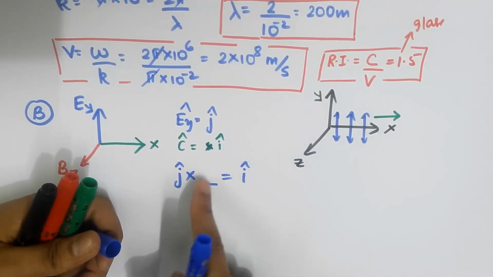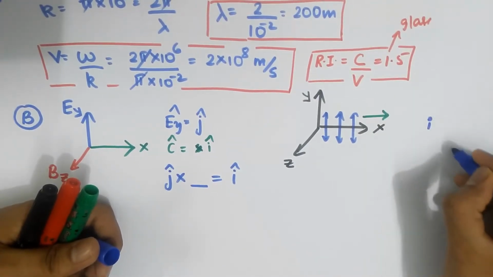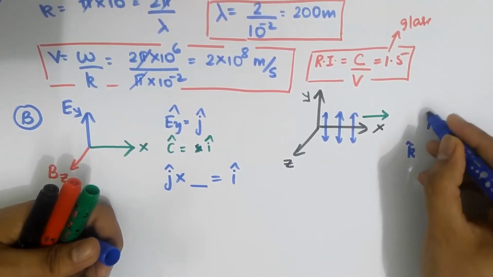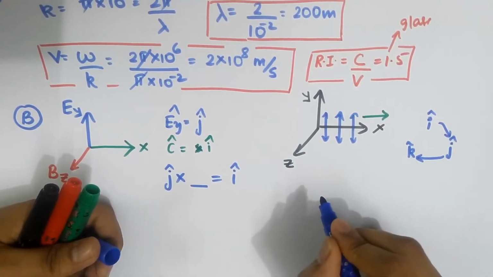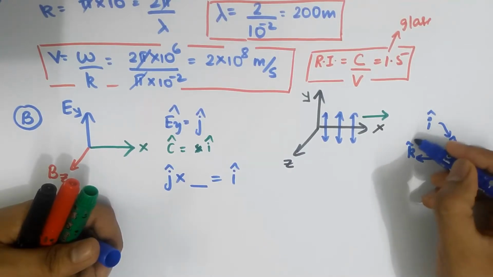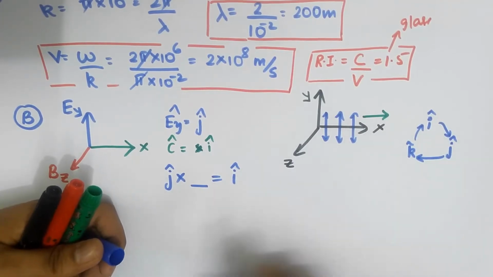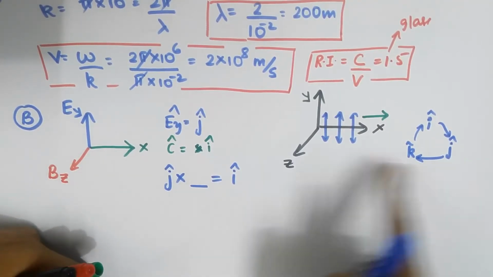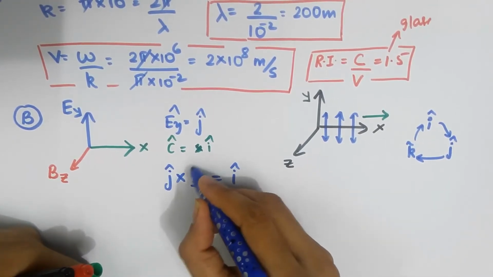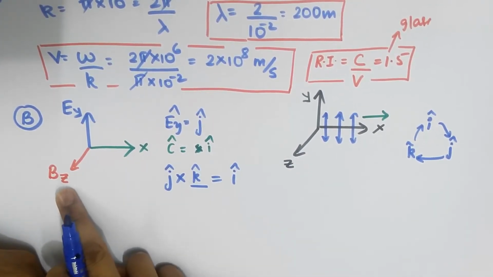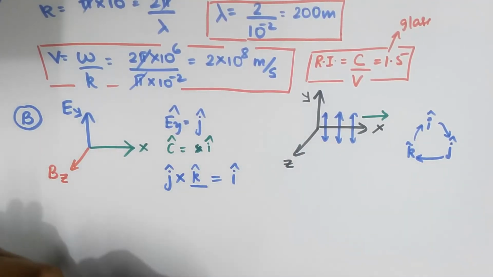Now if you know vectors, you know that it has to be either a plus K or a minus K. The way we're going to solve that is I'm going to put an I, J, K over here. I know I cross J gives me K, and J cross K gives me I, and K cross J gives me minus I. All this is covered in vectors. So in order to get positive I, I should cross J with K. That tells me that the Z component of the magnetic field must be nonzero, the magnetic field must be along the Z direction.